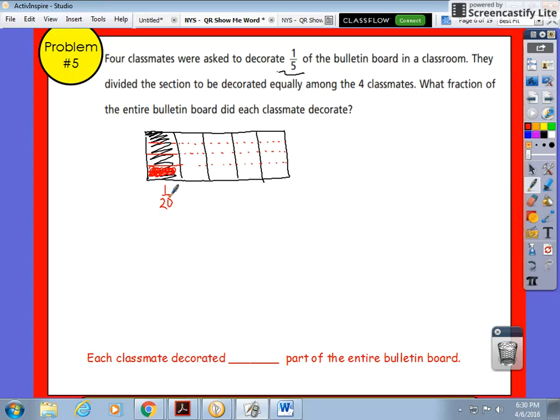So remember, if we are dividing, we are starting with that 1/5. We are starting with 1/5, and we're dividing it by the 4 people, the 4 classmates that are going to decorate. So with fractions, if we are multiplying or dividing, we want to make sure that we're starting with 2 fractions.